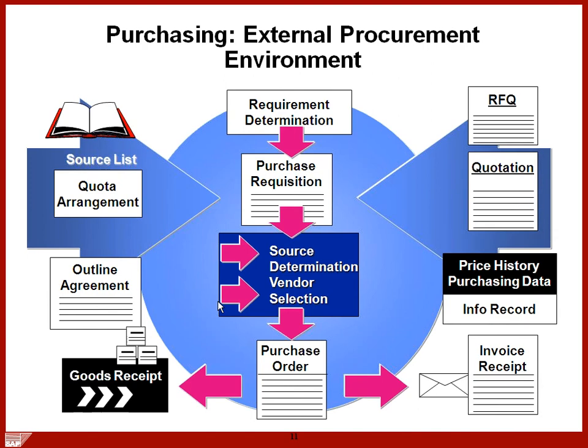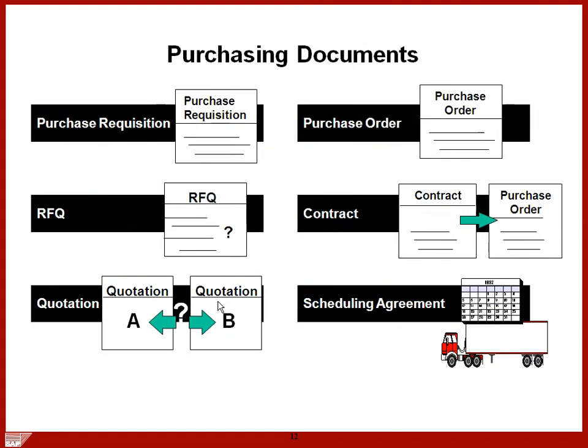Then we discuss the individual objects within the procurement cycle, whether it is a purchase requisition or a purchase order or RFQ or a bid or any invitation. We will just go and discuss all those objects.